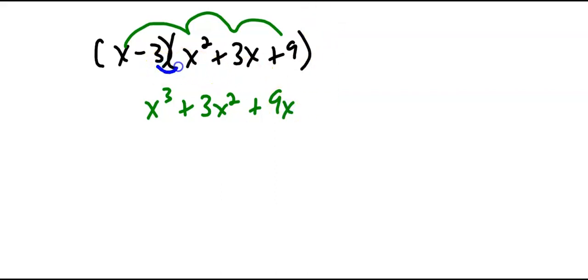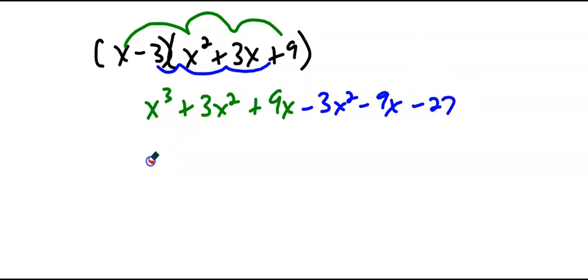Now we'll multiply the negative 3 by each term, and get minus 3x squared minus 9x minus 27. So when we combine our like terms, we have x cubed, we have plus 3x squared and minus 3x squared, so they will cancel out.